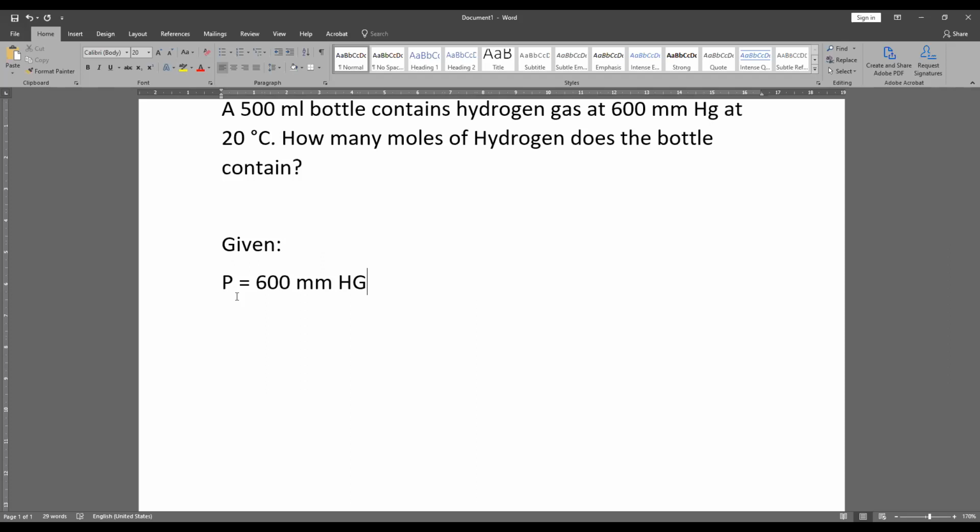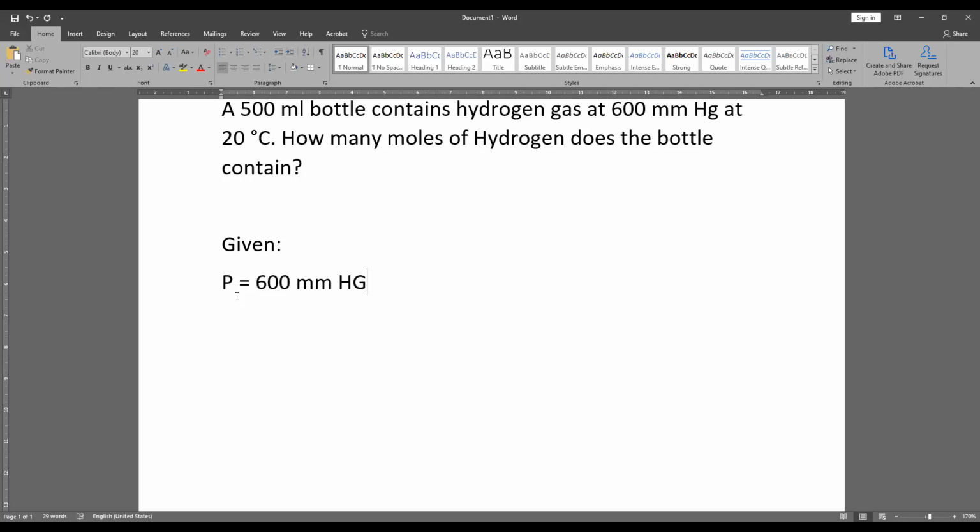Remember the STP? What is STP then? Standard temperature and pressure. Consider the standard temperature and pressure. Okay? The STP for pressure is 760 millimeters of mercury, that's the constant.